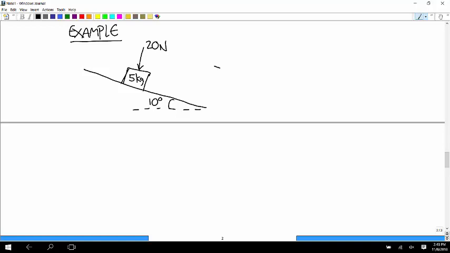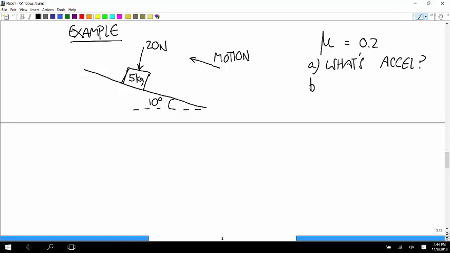And let's say that at this instant, the object is moving up the ramp. Say the coefficient of friction is 0.2. And we want to know what's the acceleration and is it speeding up or slowing down?